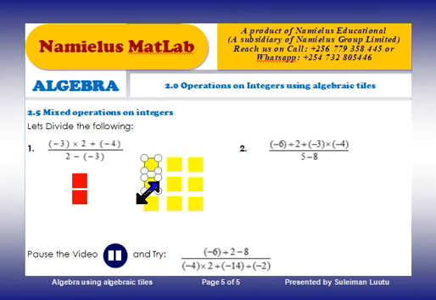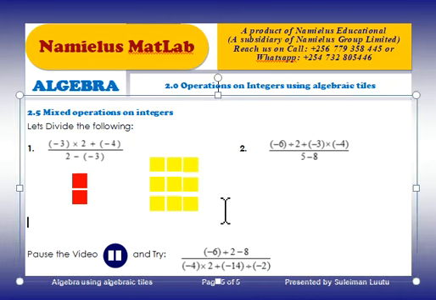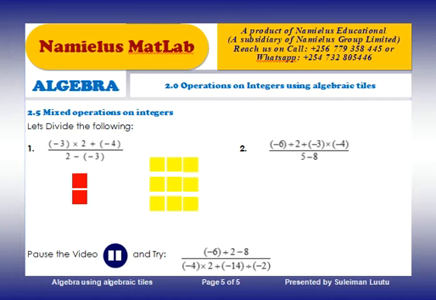So what do we remain with? Let me see. Positive 9. So this is our numerator having positive 9.